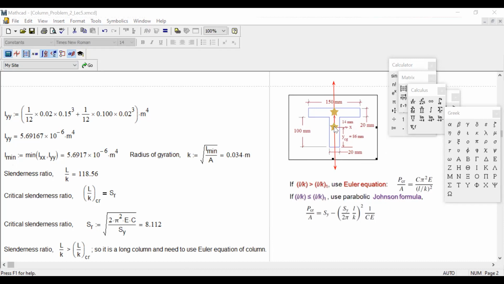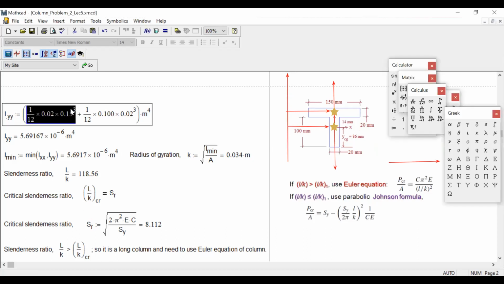Plus area into D square, right? But you see, we're trying to figure out along the y-axis. So if I say this is y, this is x, along the x-axis the difference of distance between the two CGs is actually 0. So there is no A D square. So I just keep it 1 by 12 B H cube.